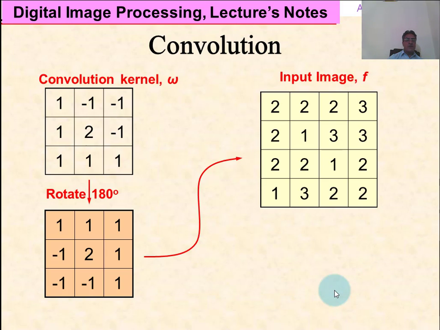Now we understand that if this is the kernel, there are 9 values in the kernel. For what purpose we use this kernel, we will discuss later, but here you may understand that this is a kernel whose values, I think, are -3, -1, and these are 1, 1, 1.